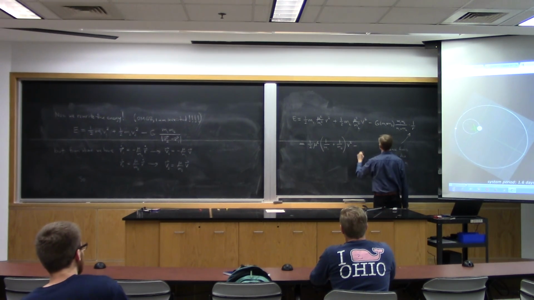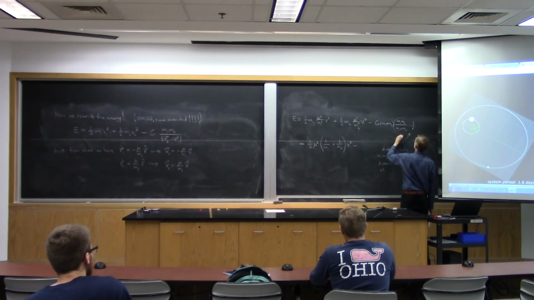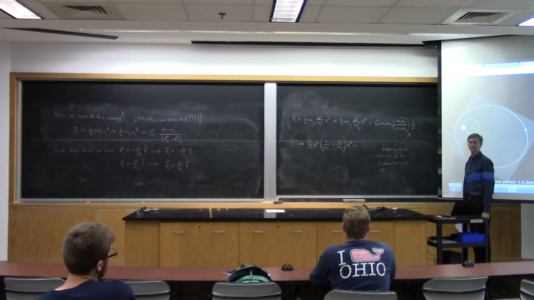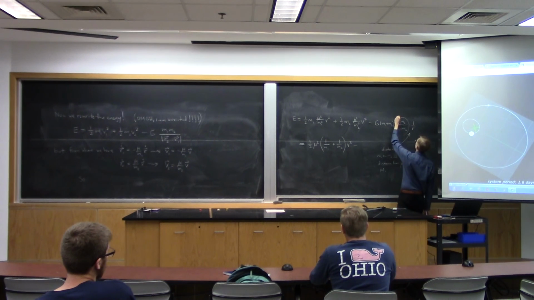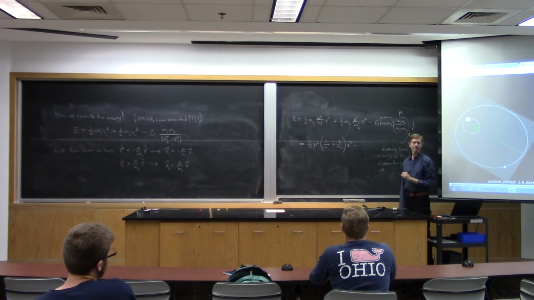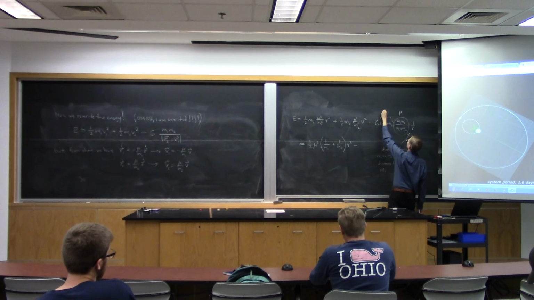Minus, and then, what do we call that? What's M1 M2 over M1 plus M2? That's mu. And what is M1 plus M2? Big M, that's the system mass.